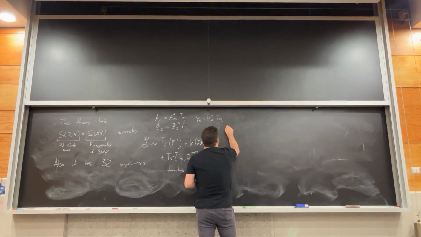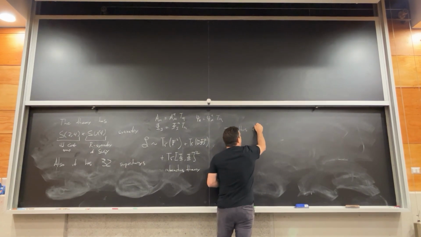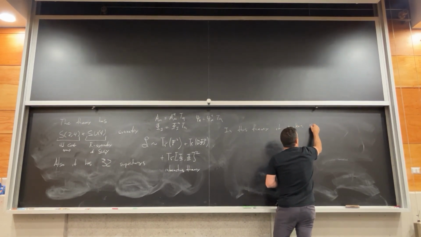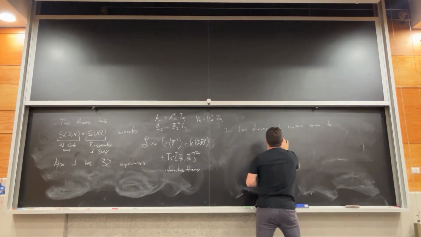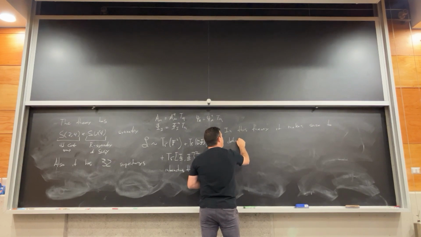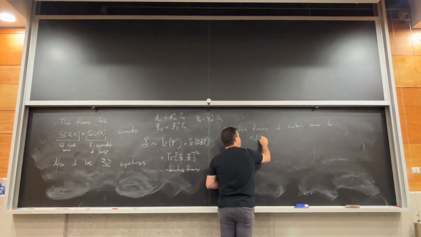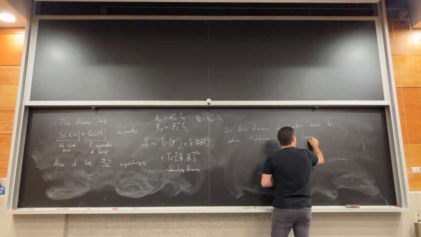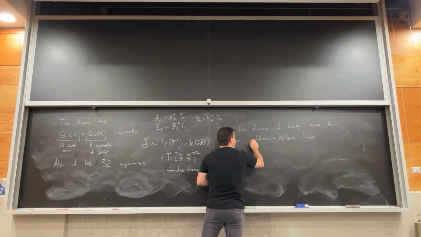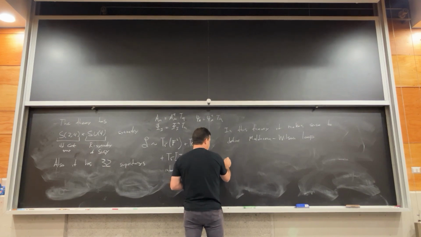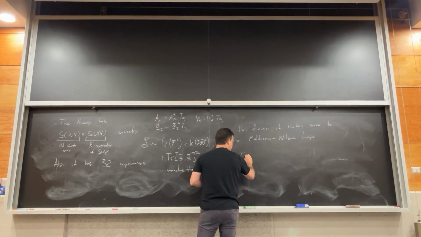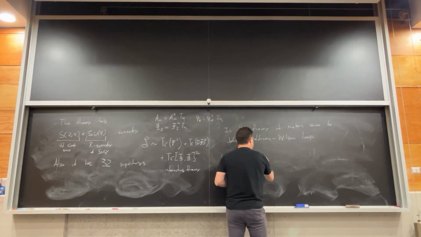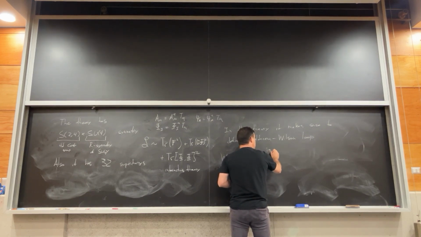So in this theory, it makes sense to define what are called Maldacena Wilson loops, because Maldacena thought of this. They're basically the same, so I will have the trace over some representation R, whichever representation I choose for my fields here, and I will have the path ordered exponential of i times the Yang-Mills.